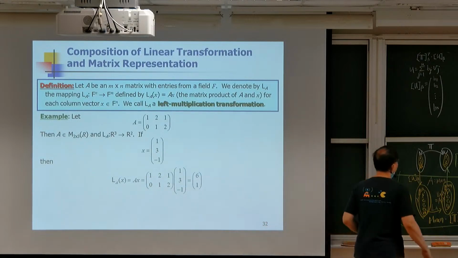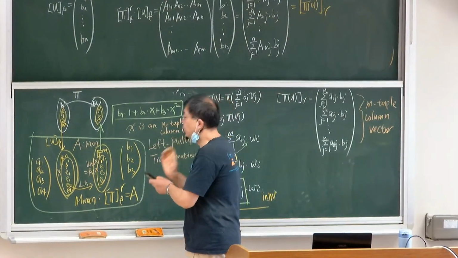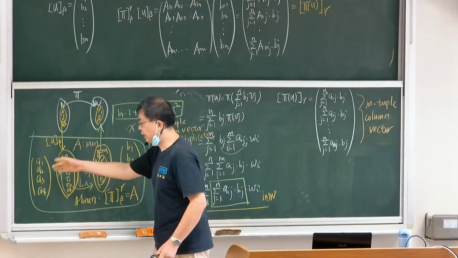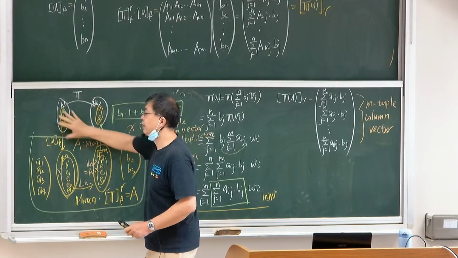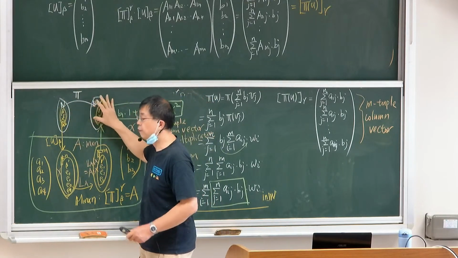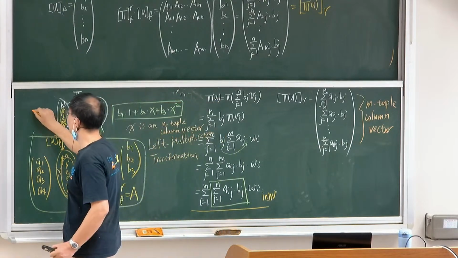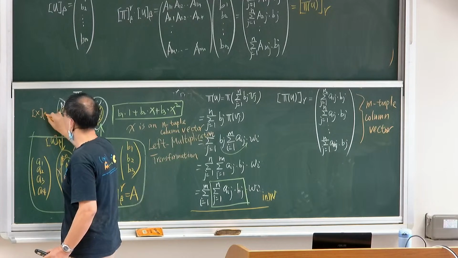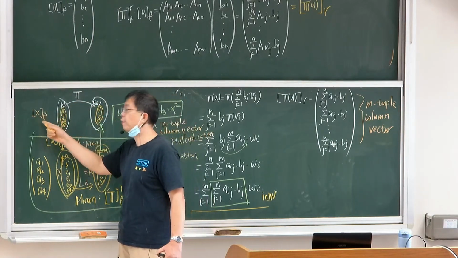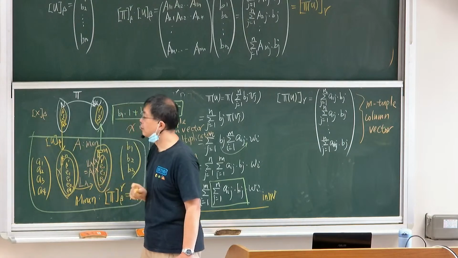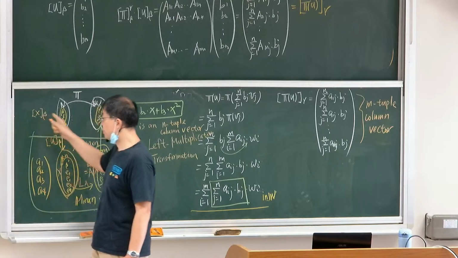So right now, for the left multiplication transformation, we only deal with matrices and column vectors. We do not care what the original vector space looks like, because we have already turned the vectors in V into column vectors by taking their coordinate vector with respect to beta.